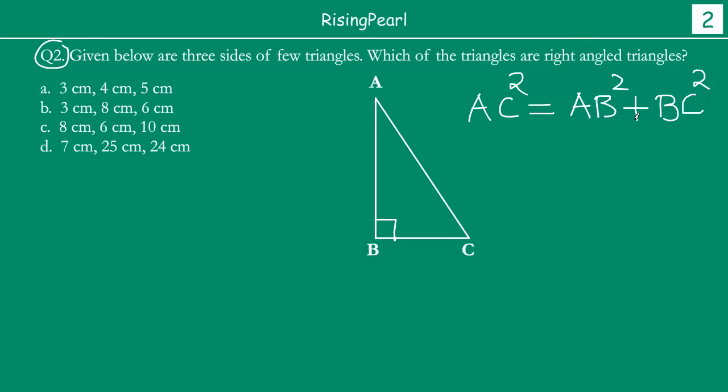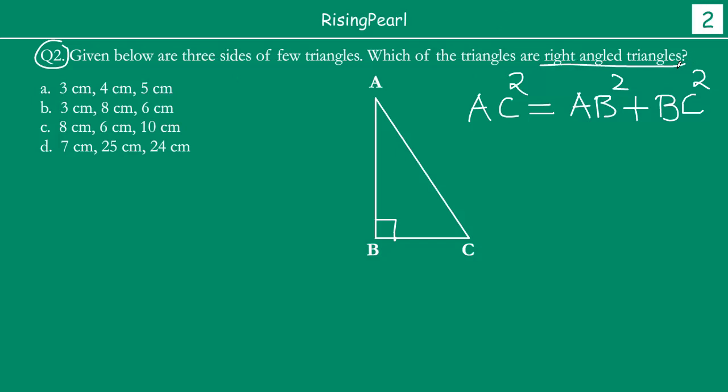So if I am given the 3 sides, that is, if these values are given, so AB is given, BC is given, and AC is given, I have to check if each of these triangles is actually a right angle triangle.